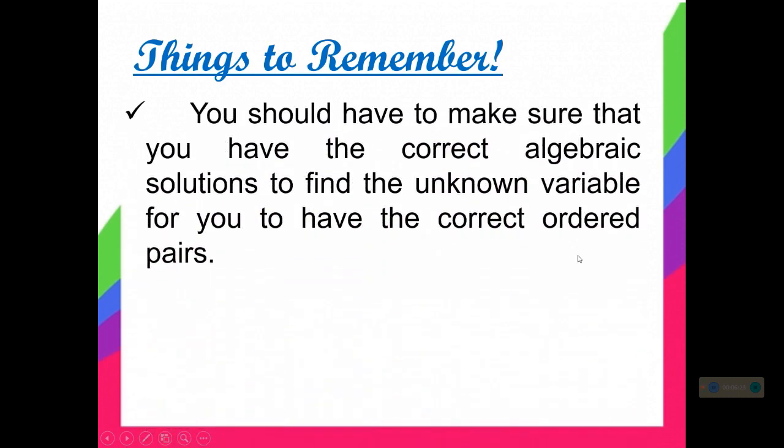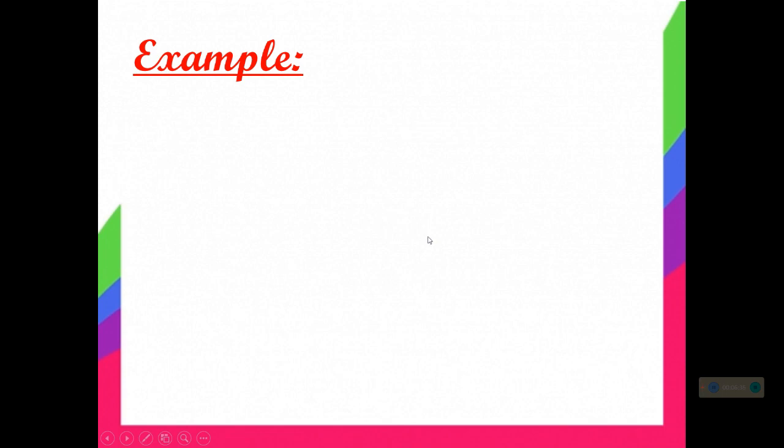So, you have to make sure that you have the correct algebraic solutions to find the unknown variable for you to have the correct ordered pairs. So, what I am trying to say is you are going to use your knowledge on how you are going to solve equations, apply your knowledge in the operations or rules or laws on how you are going to perform operations on integers.